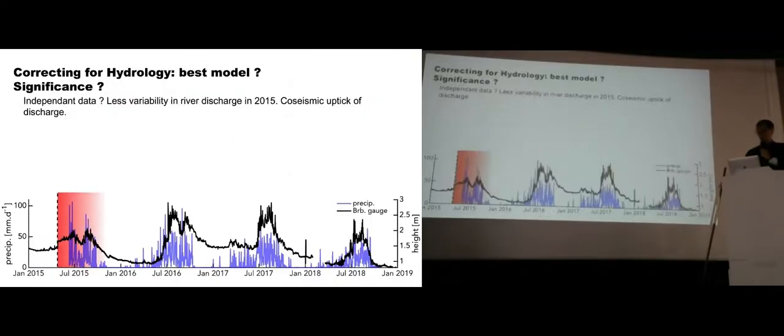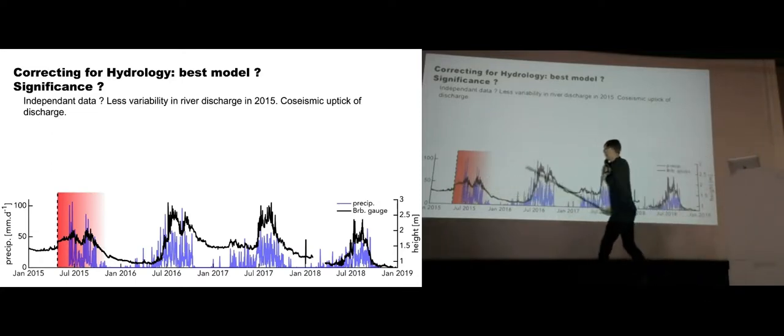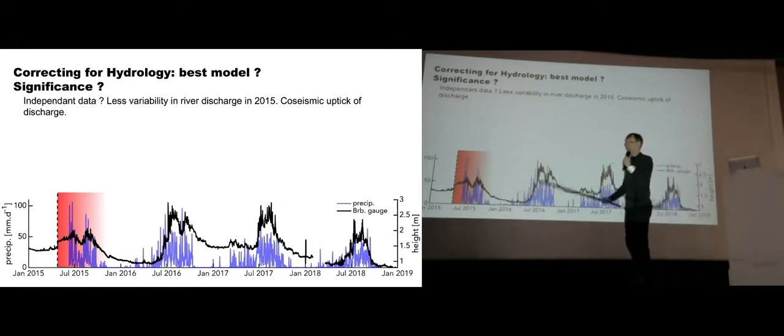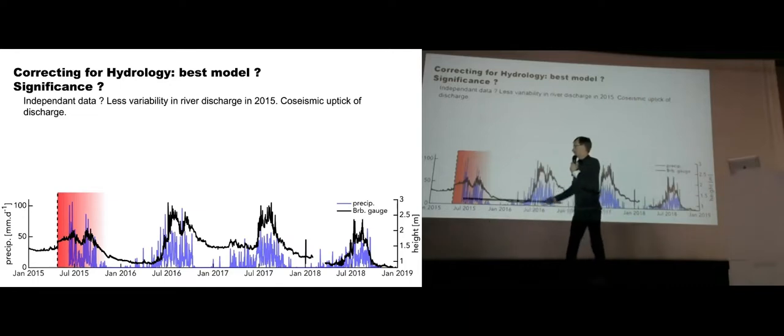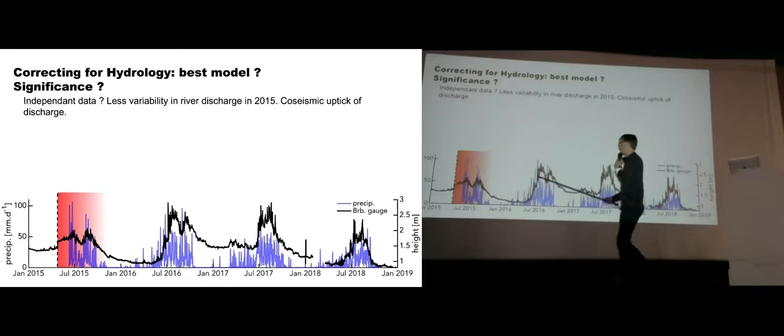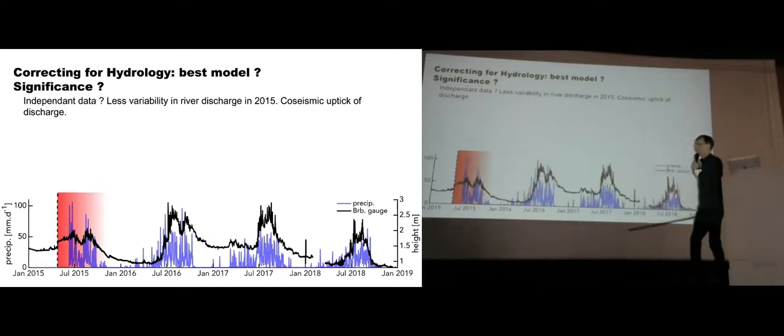And there's actually independent data that can support the fact that the hydrological system changes. This is the stage height at the Barabise station, where we measured the height of the river, and it increases during the main shock. Then we have some fluctuations, but they are significantly lower than in these two monsoon seasons.